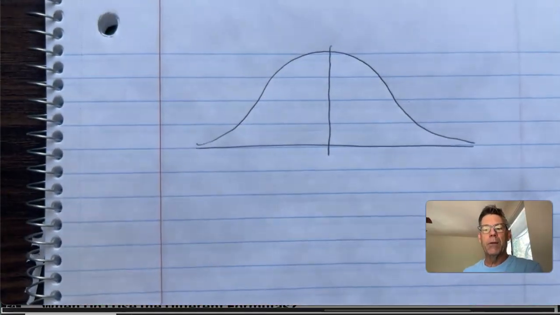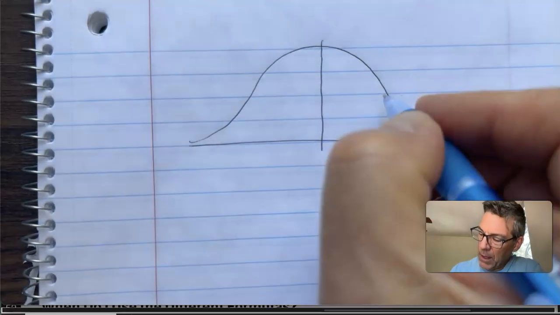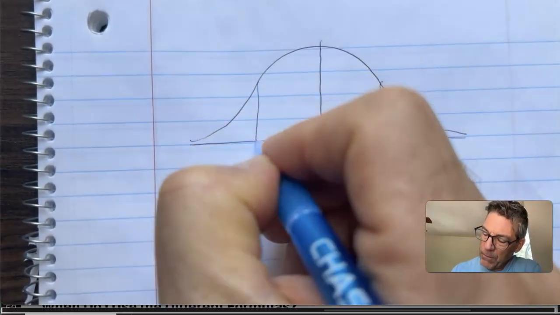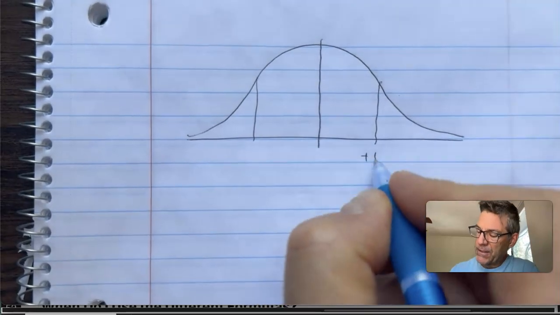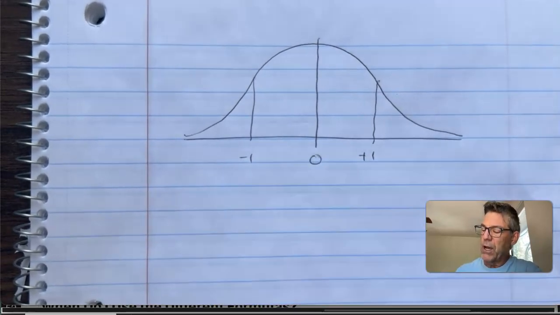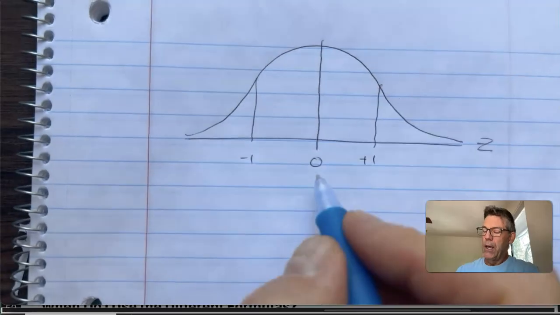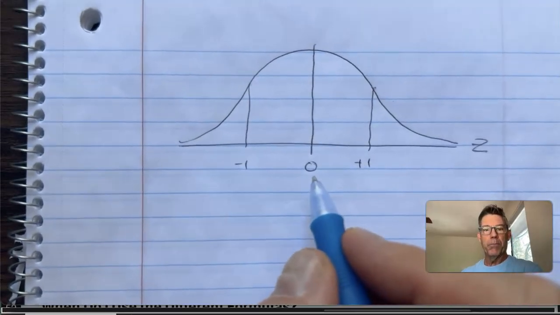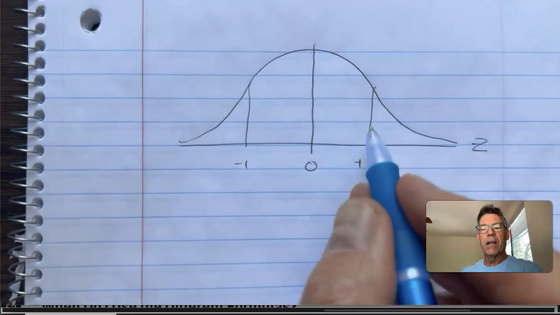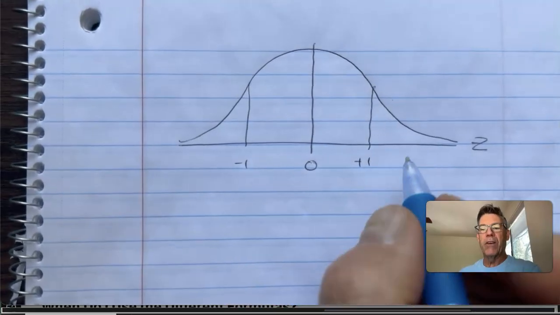You want to get used to drawing things like this. This is roughly where a standard deviation of positive 1 and negative 1 fall. These are actually z-scores. A z-score of 0 means you're right at the mean. If you're positive 1, you're 1 standard deviation above. If you're negative 1, you're 1 standard deviation below.